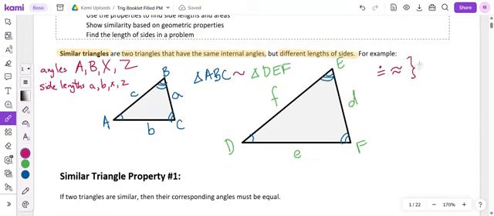Both of these mean approximate. One squiggle means similar. So one squiggle versus two squiggles actually means a different thing. Okay? So this statement here is me saying, hey, triangle ABC is similar to triangle DEF in that order.